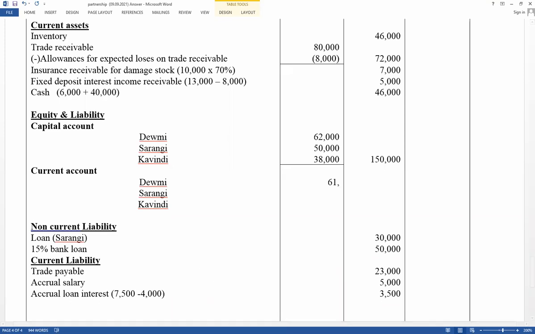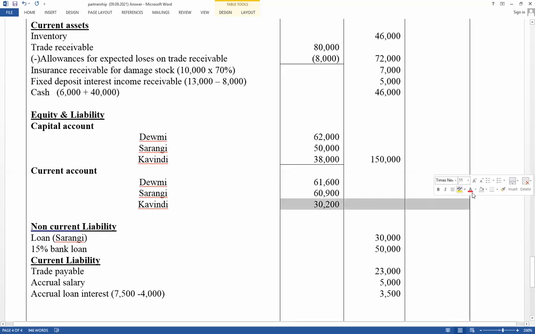Take the closing balance as 61,600, 60,900, as well as 37,000, 30,200. Here 30,200. Right now, take the closing equity also. Take the current account balance as well as closing equity at the same time.